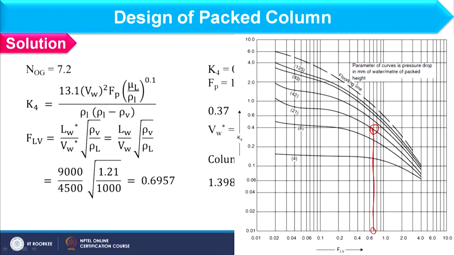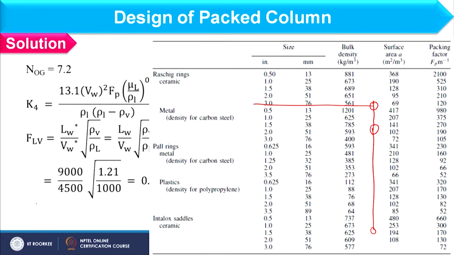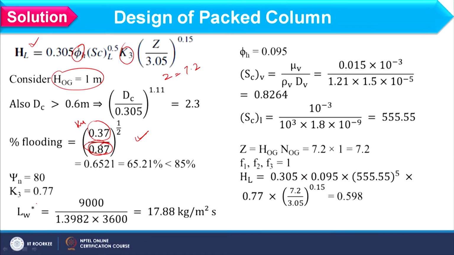If I further extend this line up to the flooding condition, I can find the K4 value at flooding condition, and it will come out as 0.87. So, considering this, we can find flooding as 65%, which should be less than 85%.